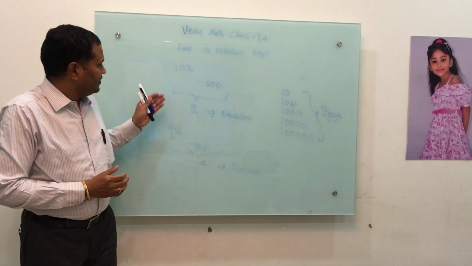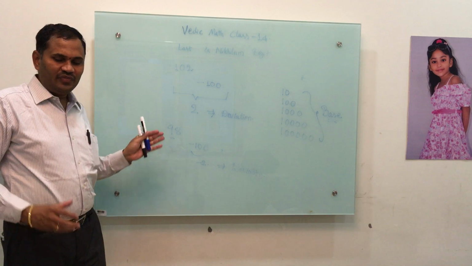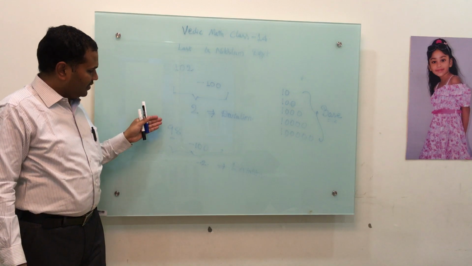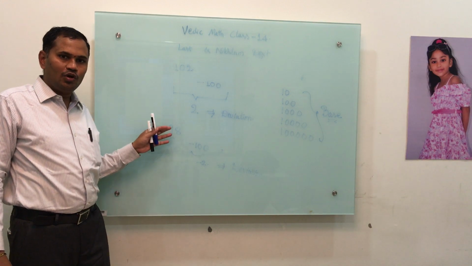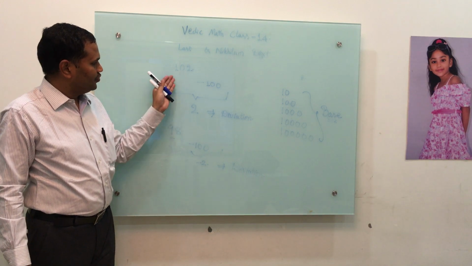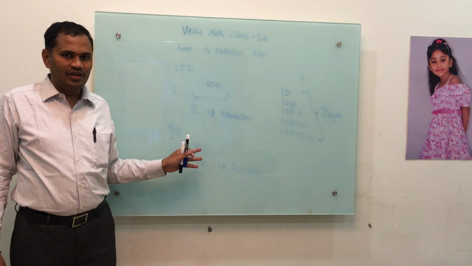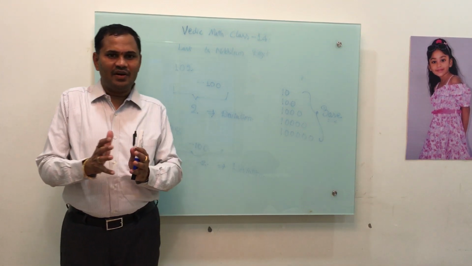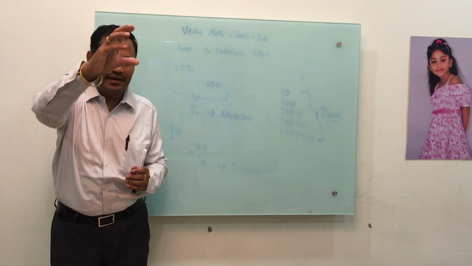Now what happens when there is a problem called 102 plus 98? First and foremost, the deviation should be calculated for 102 and 98 from the closest base numbers, and luckily here 100 is the base number which is closest to both 102 and 98. So you have the deviation as 2 for 102 and minus 2 for 98. When you add these two deviations, you get 0. What remains once the sum of deviations is 0 is the sum of the bases that have been identified for each number.